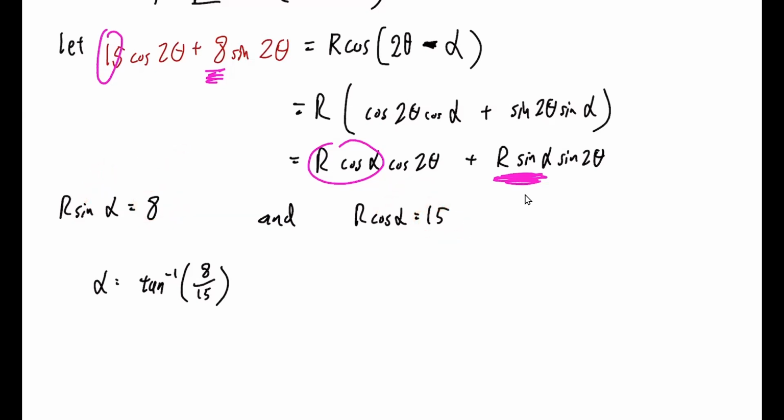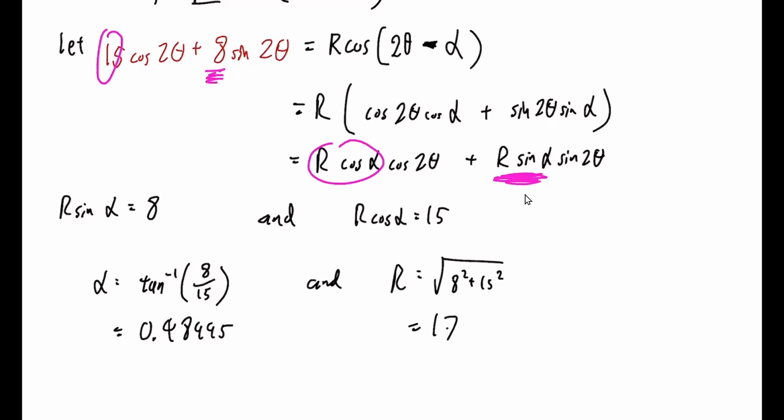Okay, let's just calculate it in radians. Tangent inverse 8 over 15 is 0.48995. And R is equal to the square root of 8 squared plus 15 squared, which is 17.